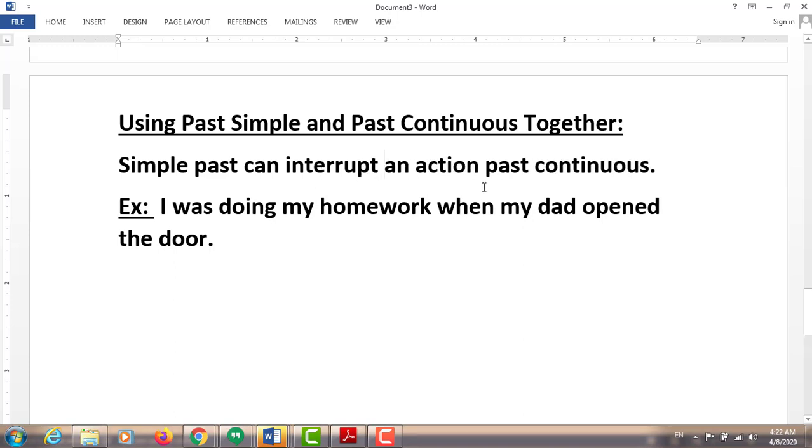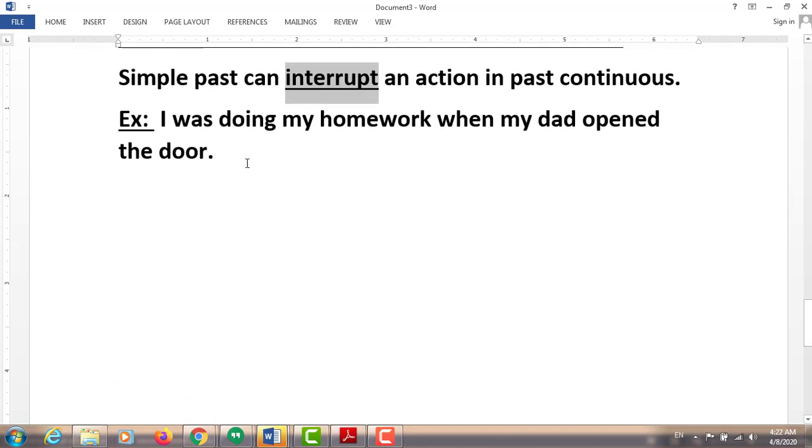Simple past can interrupt an action in past continuous. Interrupt means to cut an action, to disturb an action in progress. Okay, next example.